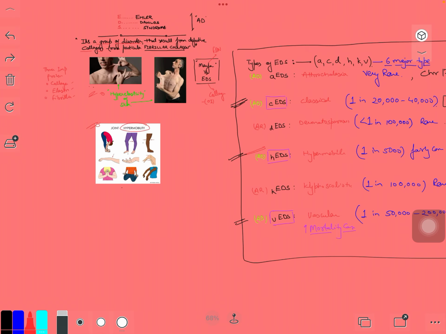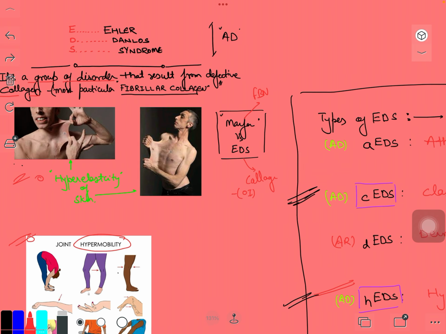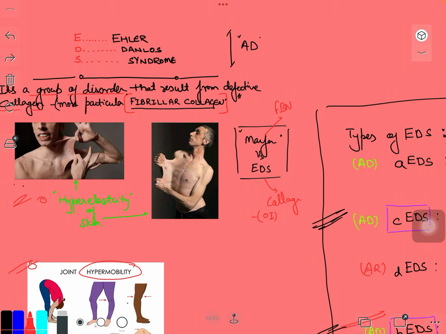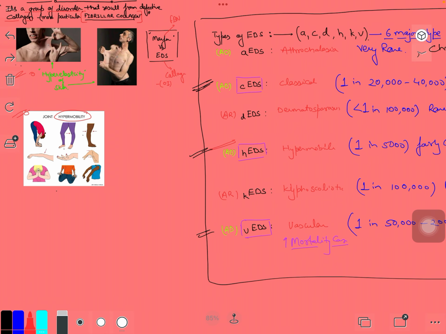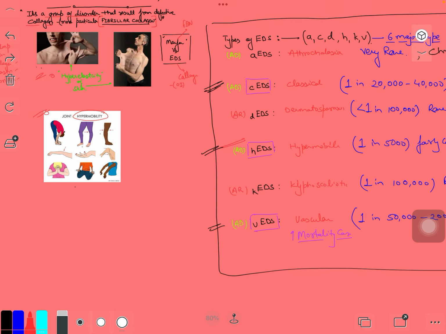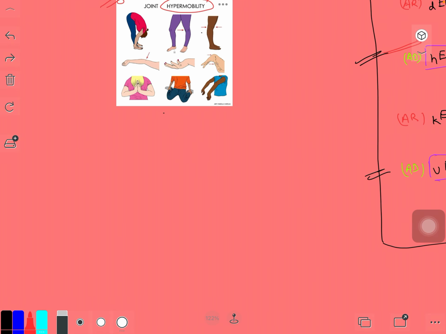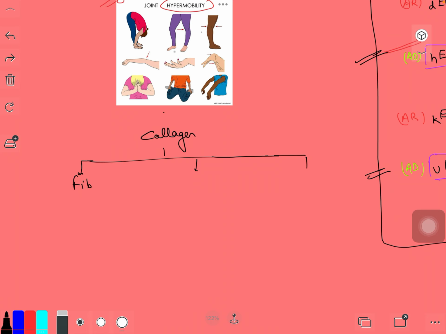Now, we mentioned collagen, and we earlier said it was affecting more of a fibrillar collagen, which means there are also types of collagen apart from type 1, 2, 3, 4, and 5. All the different types of collagens are again distributed in 3 main categories. So collagen is again of 3 major types. First one is fibril forming, which are the types of interest.